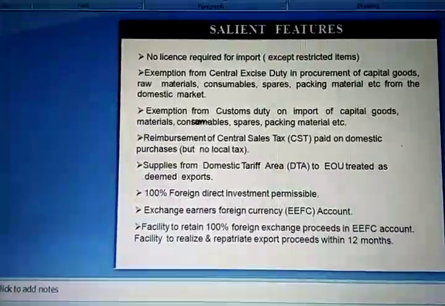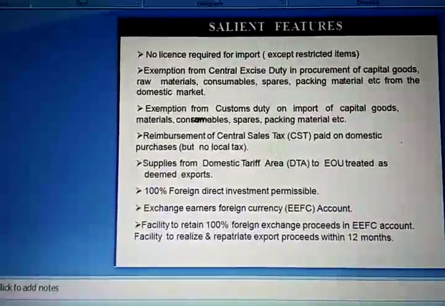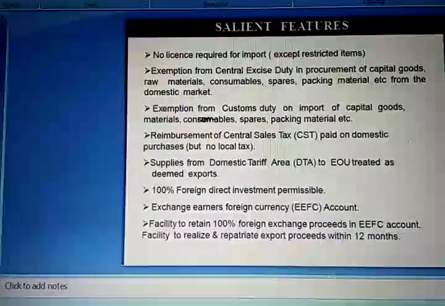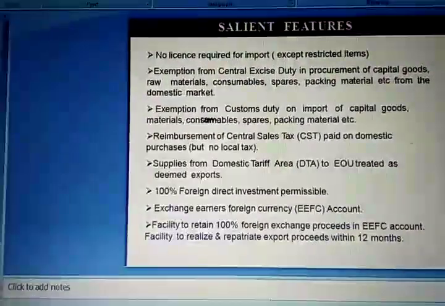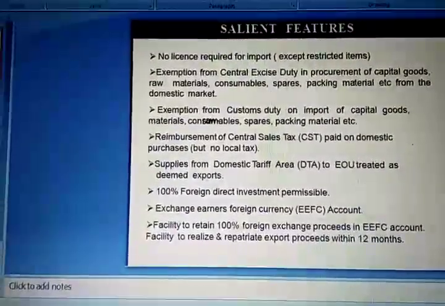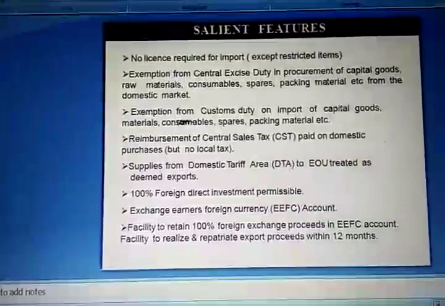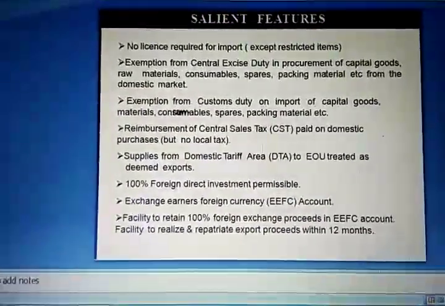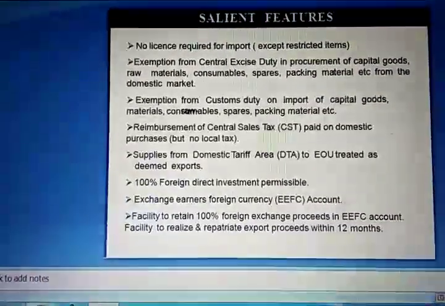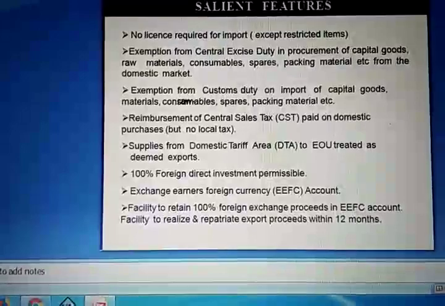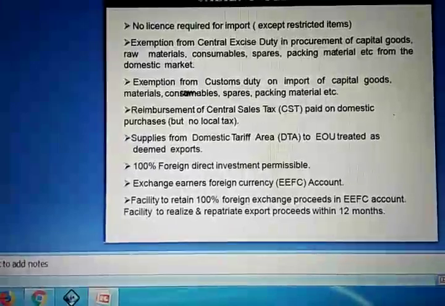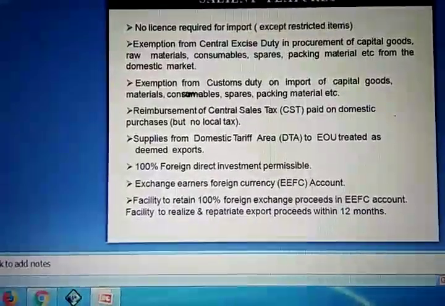No license is required for import. Exemption from central excise duty on procurement of capital goods, raw materials, consumables, spares, and so on from the domestic market. Reimbursement of central sales tax paid on domestic purchases. 100% foreign direct investment is permissible, and exchange earners foreign currency amount.